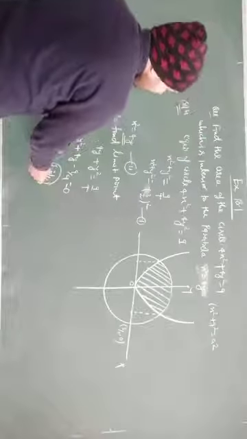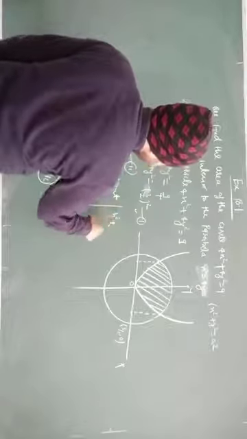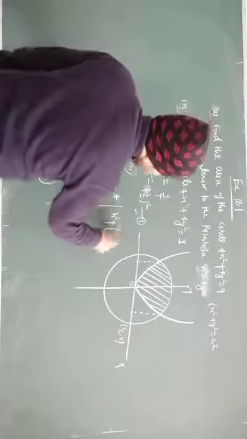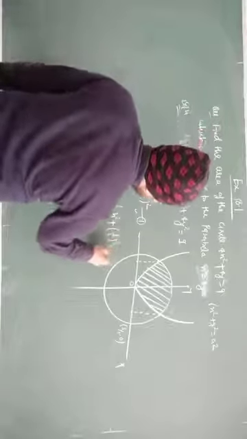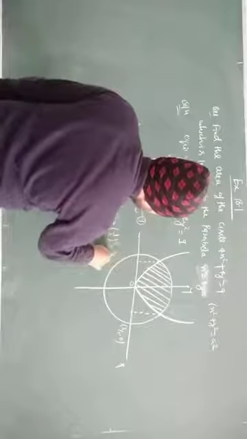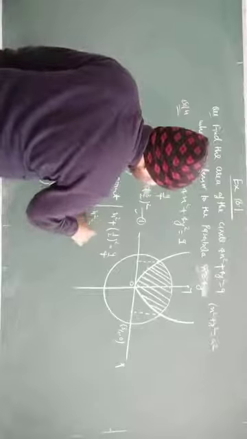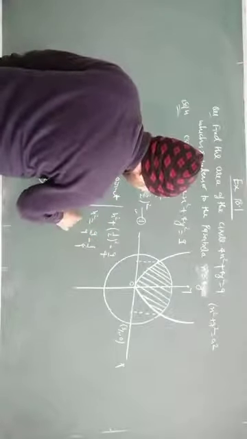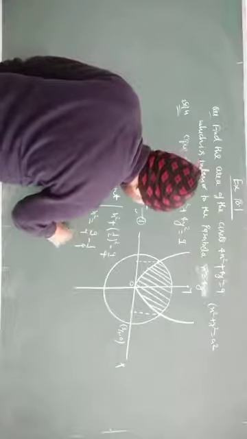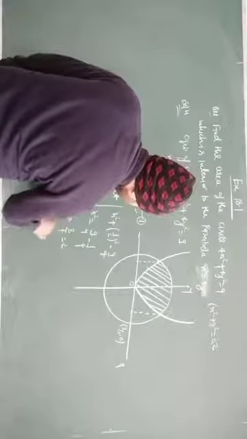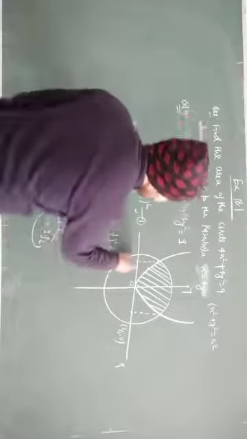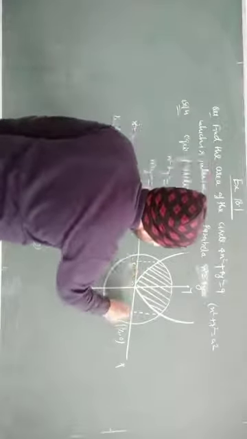Now put this value y equal to 1 by 2 in equation 1. x square plus 1 by 2 square is equal to 9 by 4, that is x square is equal to 9 by 4 minus 1 by 4. x square is equal to 9 minus 1, 8 by 4, that is 2, and x is equal to plus minus root 2. So the limit values are minus root 2 and plus root 2.